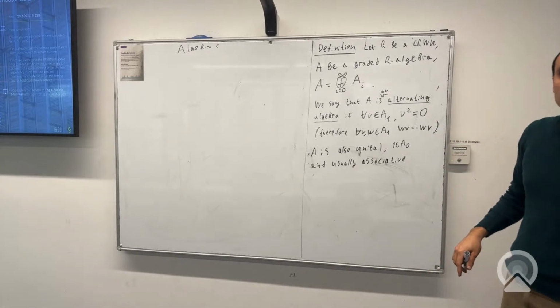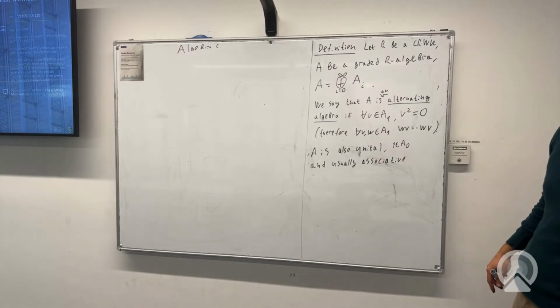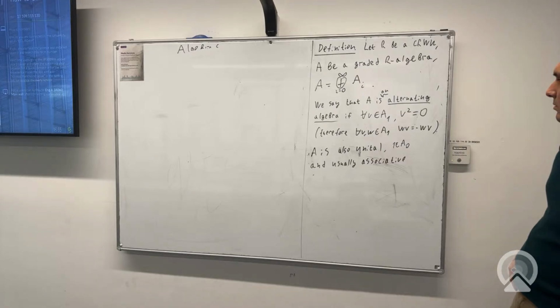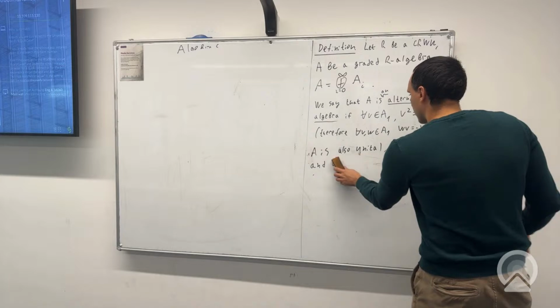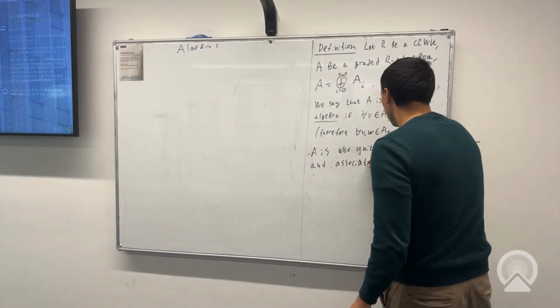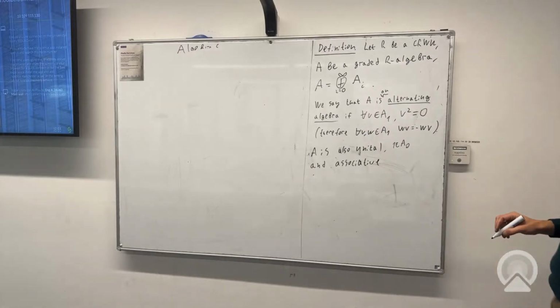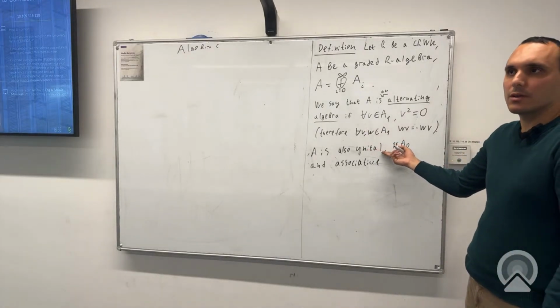What is a requirement for it to be an alternating algebra, or does it follow from it being an algebra? Well, we require it to have a unit.